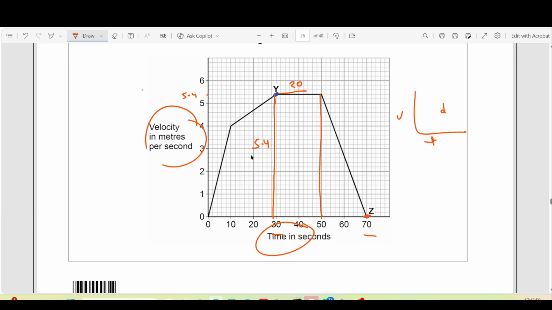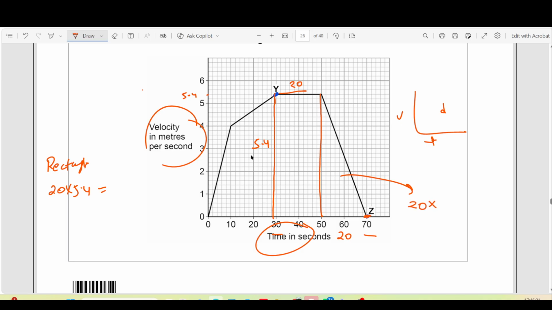So what will be the area of the rectangle? 5.4 times 20 equals 108. For this triangle, the base is 70 minus 50, which is 20, and the height is again 5.4.